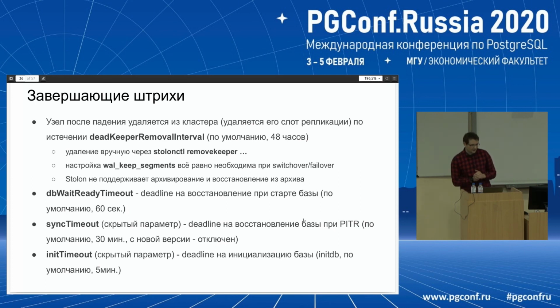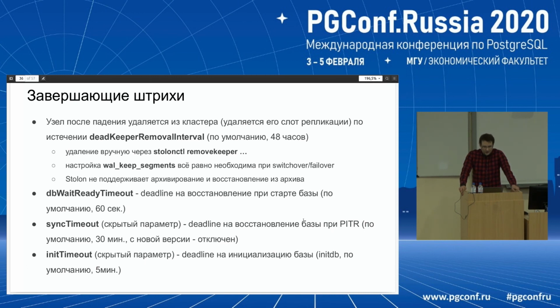And some final touches, let's say. One positive thing to mention, Stolon manages replication slots very efficiently. When you delete a node from the cluster, or when it crashes, its replication slot and all the writes will not be deleted immediately. There is a special timer that is triggered, defined by the keep-removed interval.